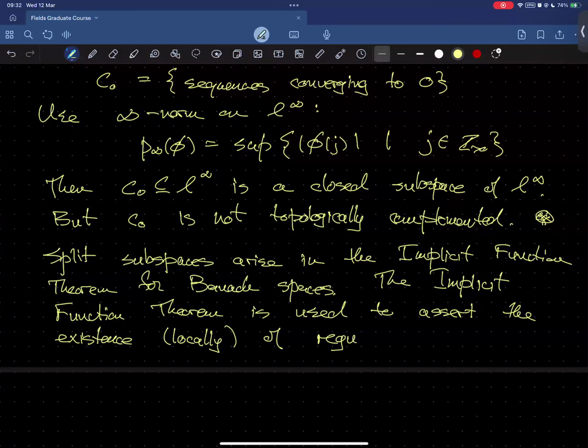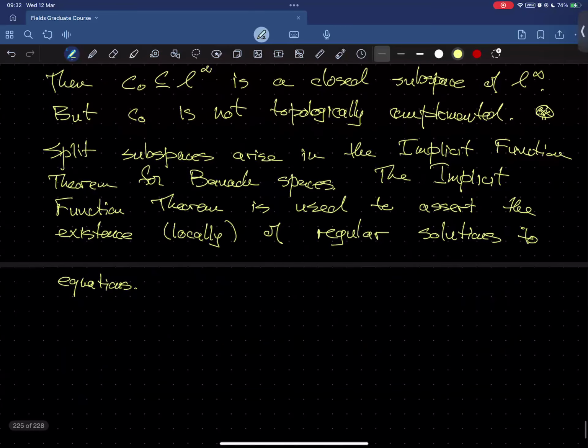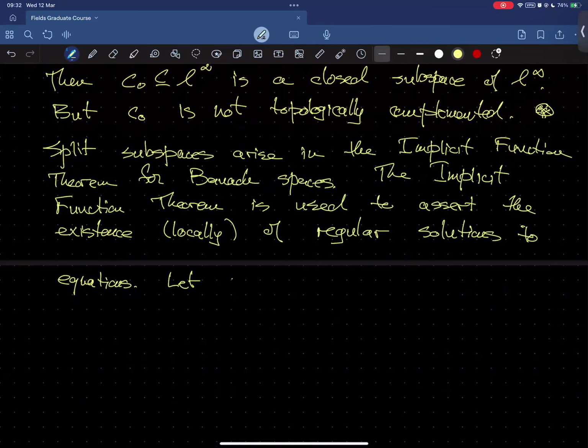Regular here means some differentiability property, inherited from the mappings that are involved. So let U and V be normed spaces.